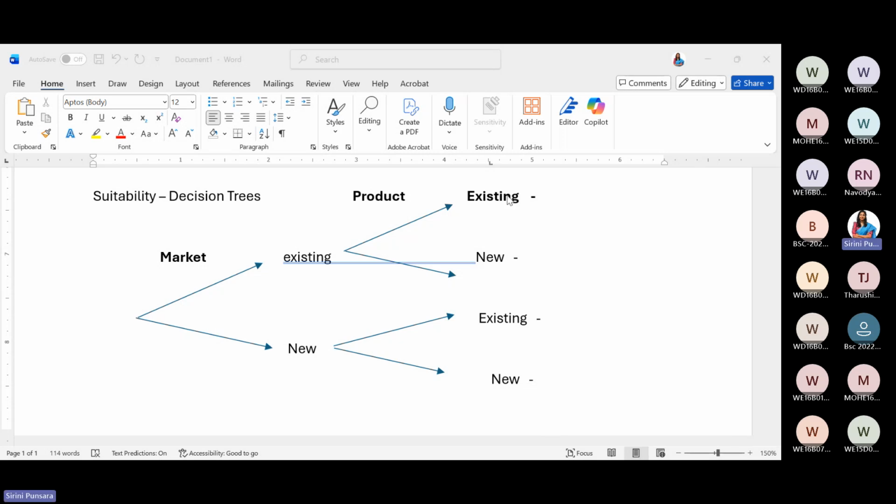Okay, I will tell, otherwise it will take time. So in terms of market, if it is existing and if the product is also existing, we call it market penetration strategy according to the Ansoff matrix.